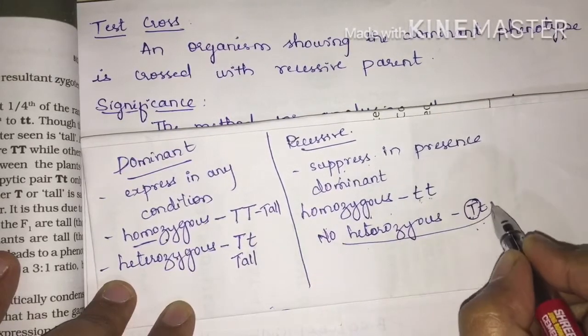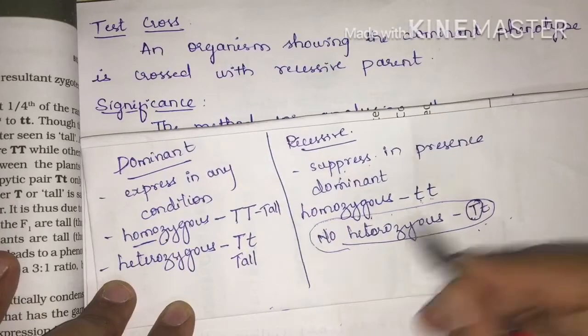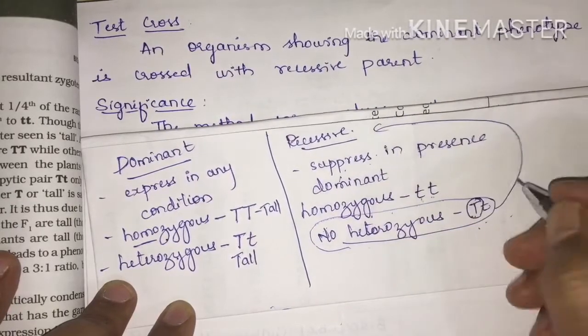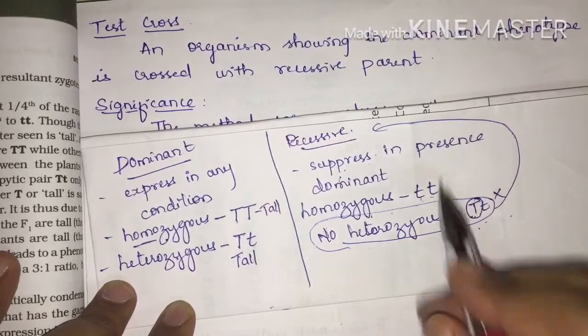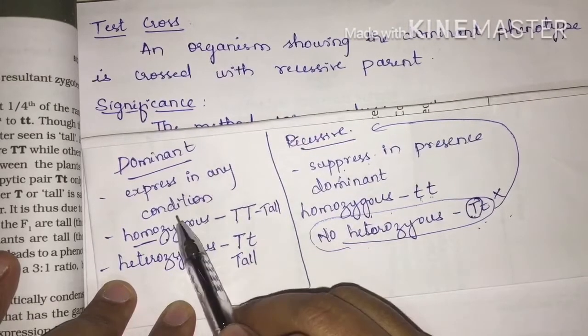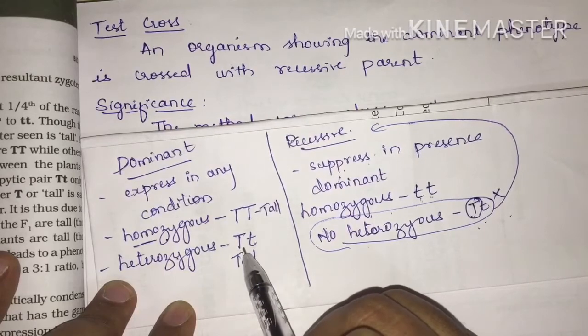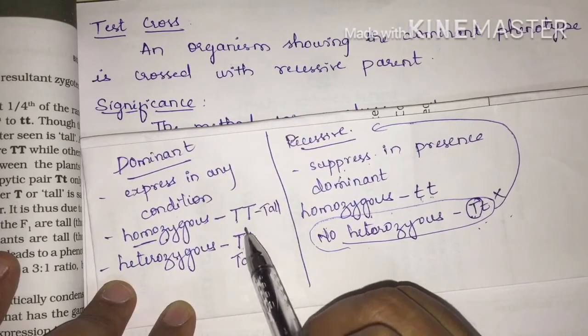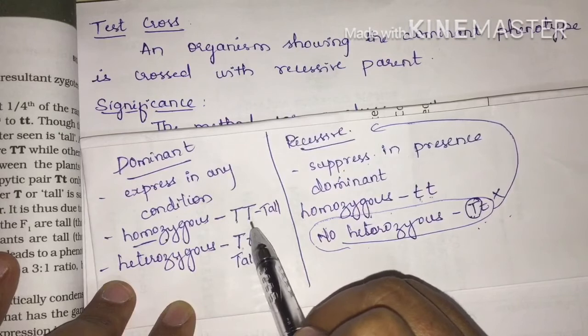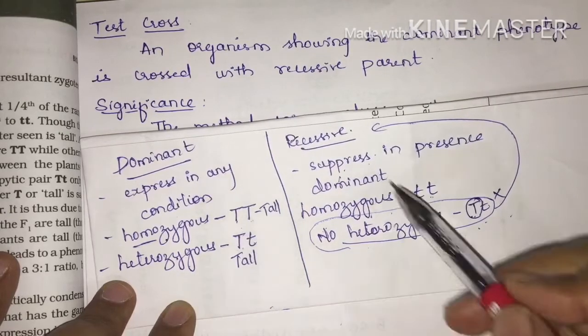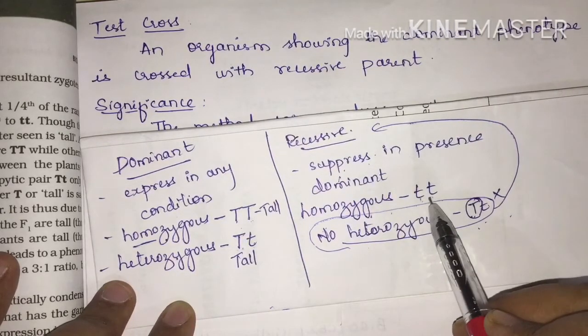So this feature is not present in the recessive condition. So dominant will express in any condition, either homozygous or heterozygous, because these are two similar alleles of the same gene.